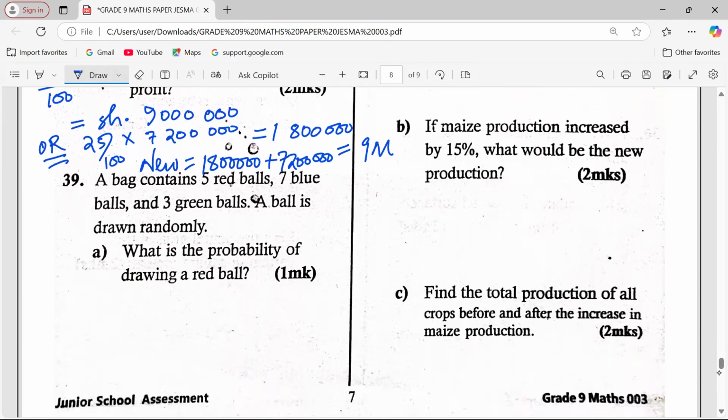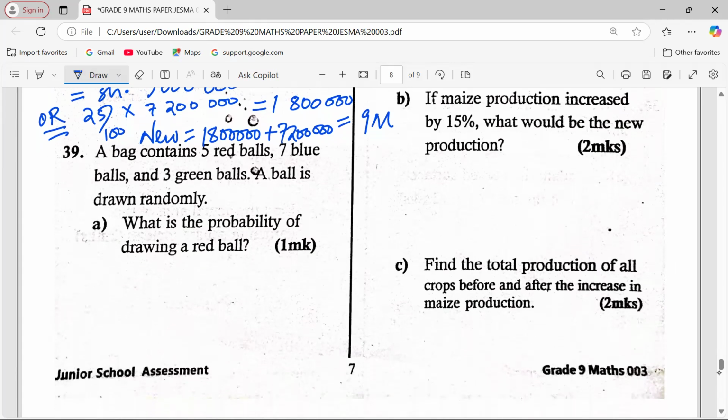At number 39, we get back to probability once again, whereby we are told that a bag contains 5 red balls, 7 blue balls, 3 green balls. A ball is drawn randomly. Part A, what is the probability of drawing a red ball?